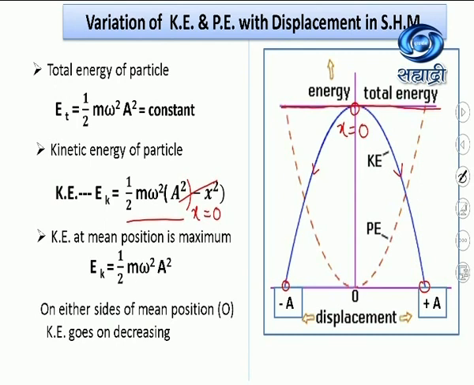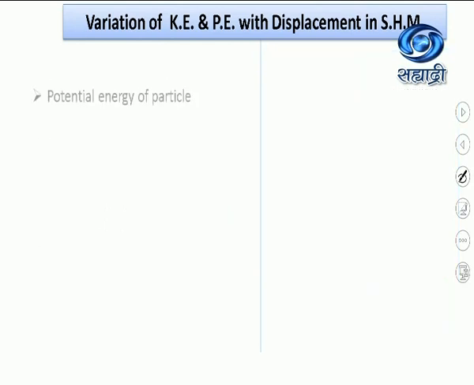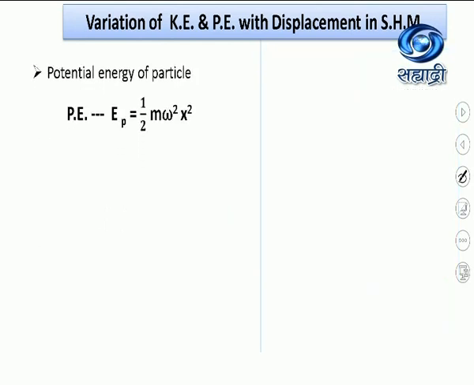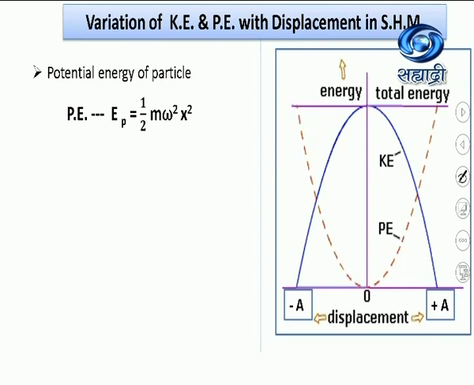Further, if we discuss the plot for potential energy, we need the potential energy expression, which is EP equal to half m omega square x square. The same graph gives the indication of potential energy also.